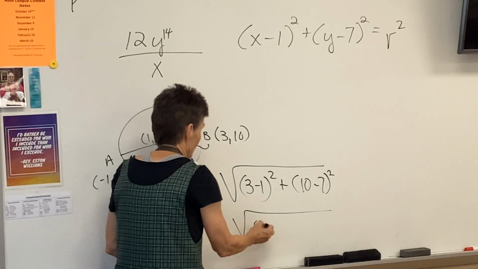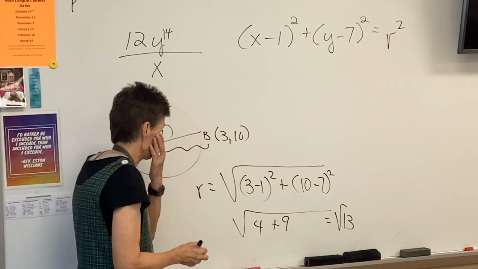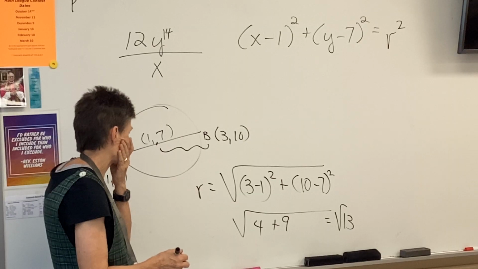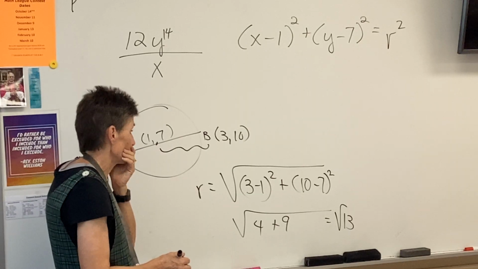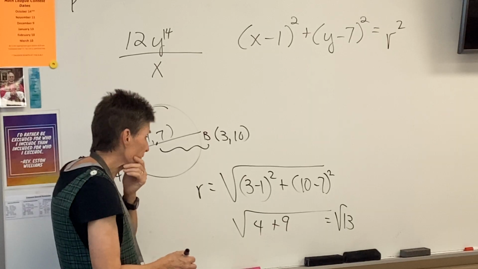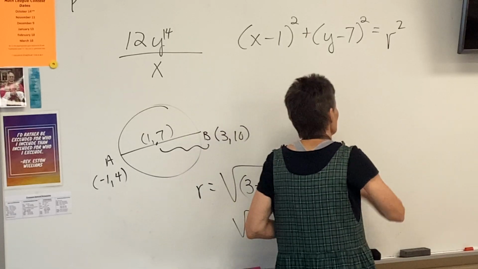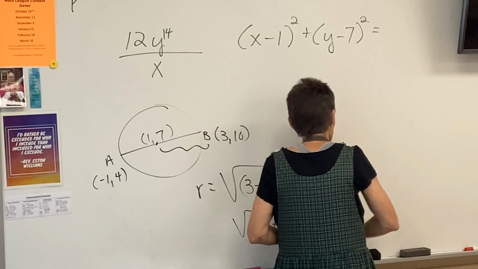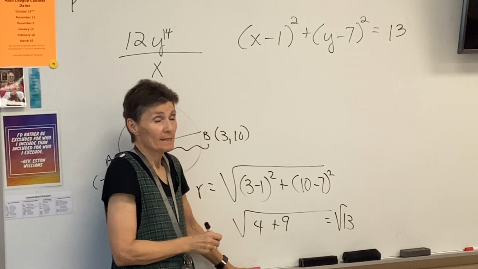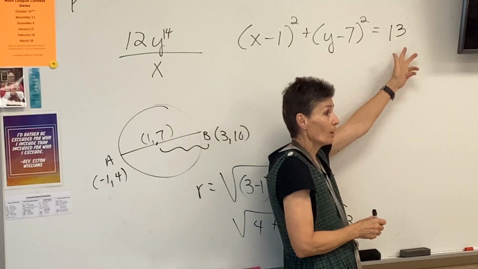So, did you get the square root of 13? So if the radius is indeed the square root of 13, then this number right here is going to be 13, because in the equation of a circle, it's x squared, y squared, r squared.